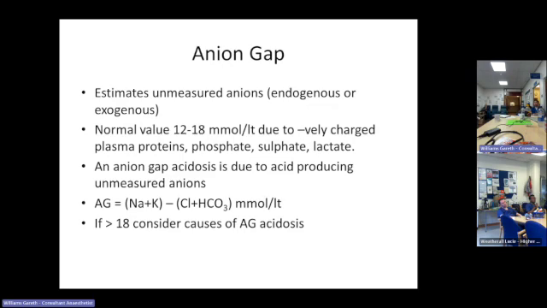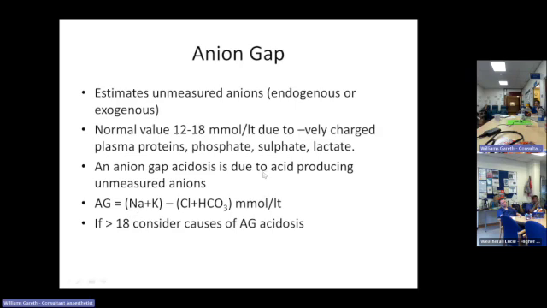Because we don't include all of the free acids, we don't take into account proteins. In our normal calculations, there is a normal gap of 12 to 18 millimoles of negatively charged moieties that we don't calculate. And lactate is one of those, up to a value of whatever your machine says, 2 or so. An anion gap acidosis is due to acid-producing unmeasured anions.